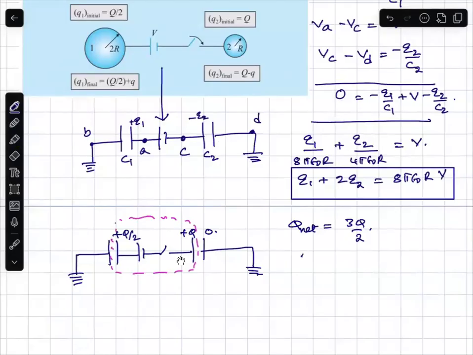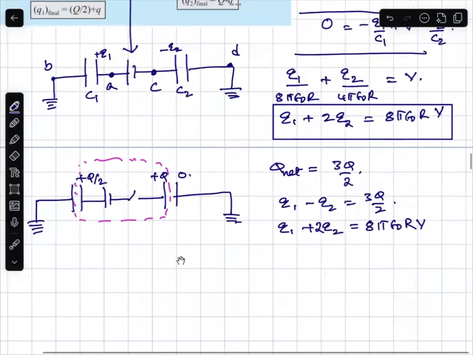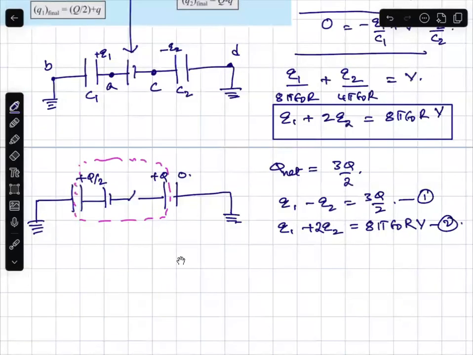Which means wherever I have Q1 plus Q2, actually Q1 minus Q2, because you have committed that this is a negative charge here. Q1 minus Q2 is 3Q by 2, whereas you have one relation, Q1 plus 2Q2 is 8 pi epsilon naught RV. Okay, fine. Now we will call this equation 1 and this equation 2.